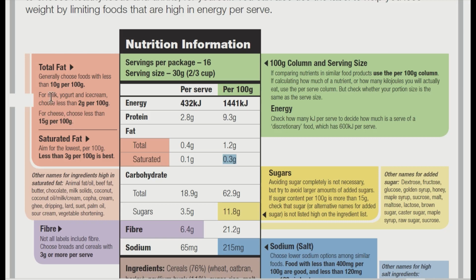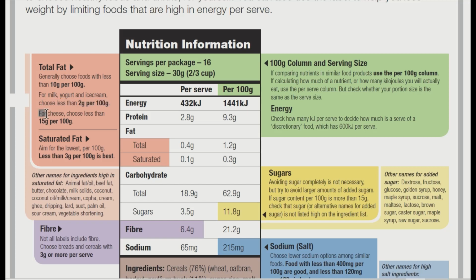There are a few exceptions to this rule. Generally, choosing foods with less than 10 grams per 100 grams is a good thing for total fats. So really making sure that this one over here is 10 grams or less for total fats. If it's a milk product, we want to choose less than 2 grams per 100 grams.